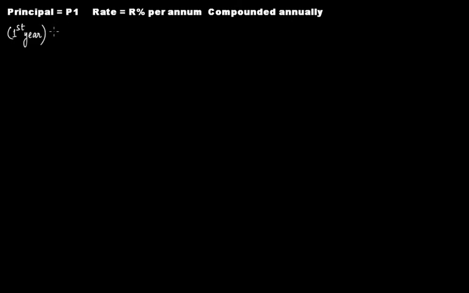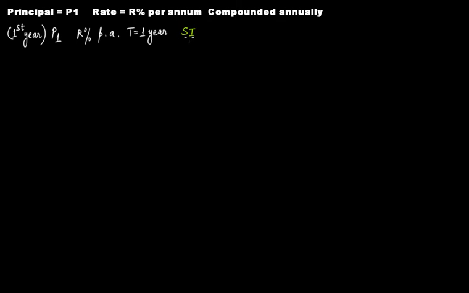Your principal is P1. Your rate is R% per annum, right? And the time period will be 1 year because it is annually. So tell me, what will be the simple interest for this first year?